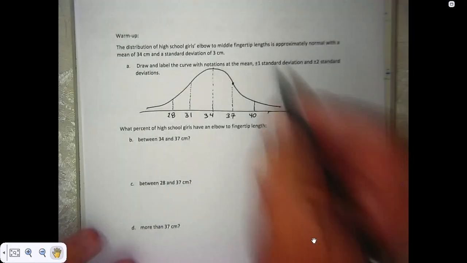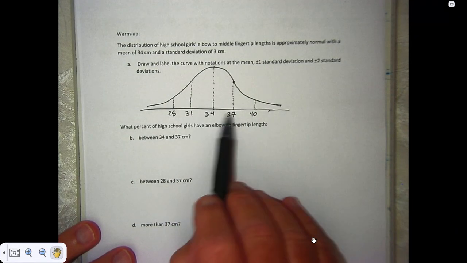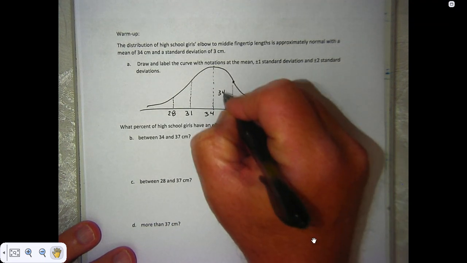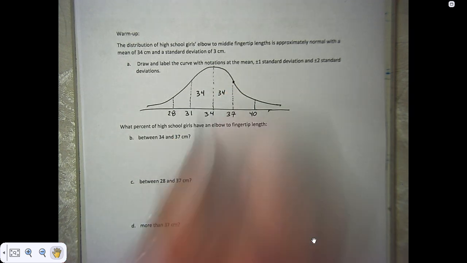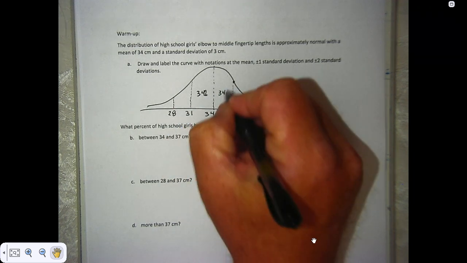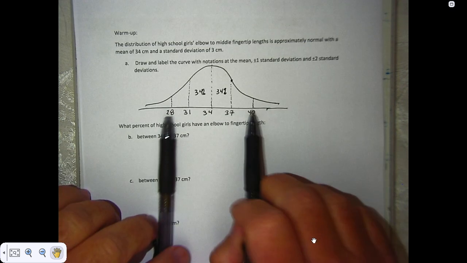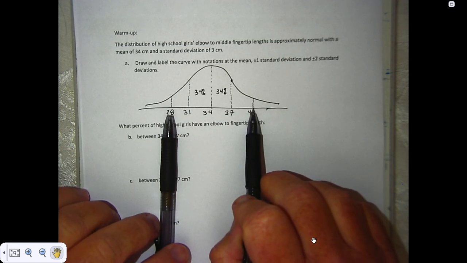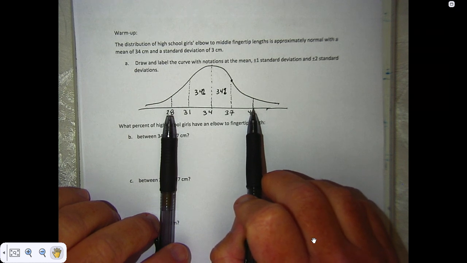Okay, so I'm going to go ahead and put the individuals. Remember, between 31 and 37 is 68%. So in this band, there's 34, and this band, there's 34. The 34 and 34 is a total of 68. And then between two standard deviations from here and here is 95. 95 minus 68 is 27.